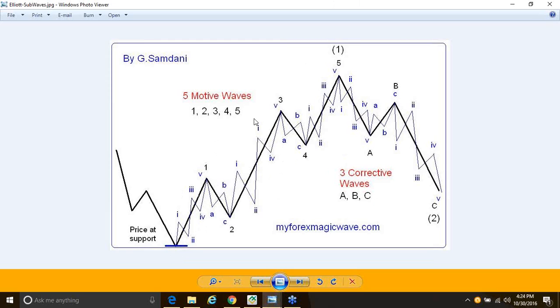From there, wave 3 should go this far, then wave 4 is this much, and then wave 5. Then wave A of the retracement usually comes back to the wave 4 area. Then wave B goes up around the high of wave 3, making a head and shoulders kind of pattern, and then wave C comes to around 50%, 61% or 78%.